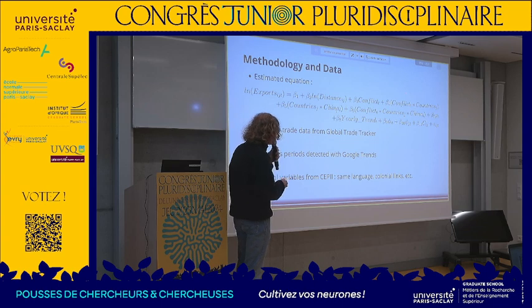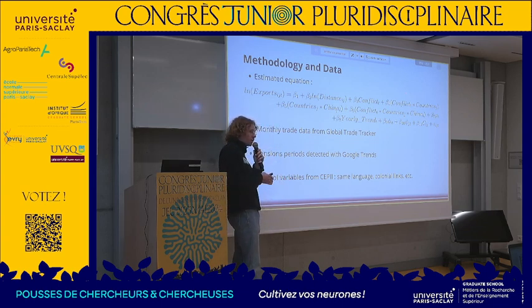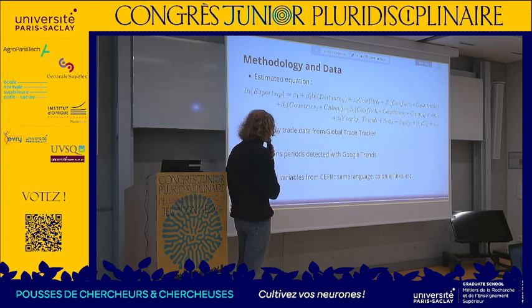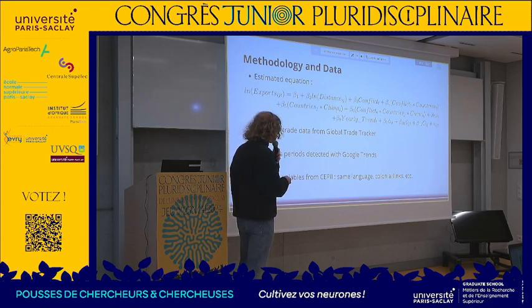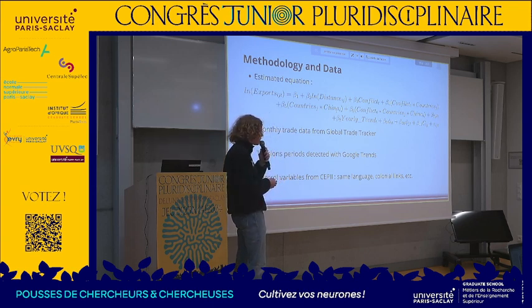Then we consider a variable that identifies countries that have publicly announced their support for Taiwan, a variable that identifies when China is exporting the rare earth magnets, and we add econometric parameters. I won't go deeper into detail, but this gathers, for example, variables that can influence trade, characteristics of the countries that influence trade but are not linked to the conflict.